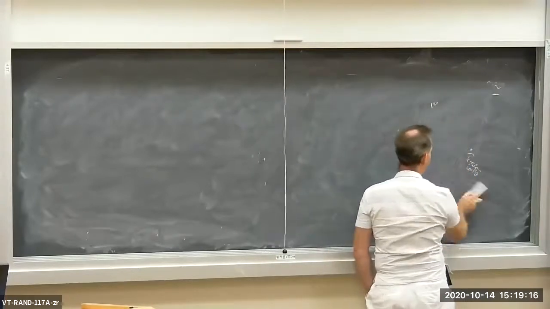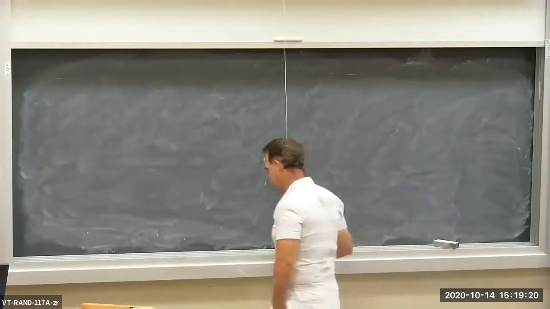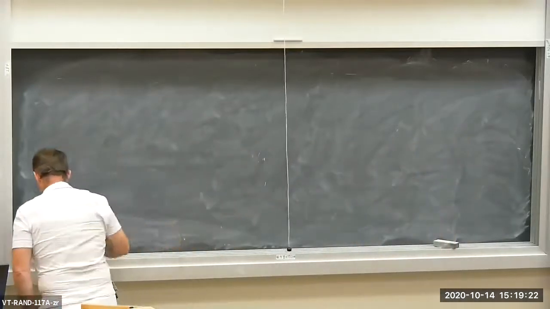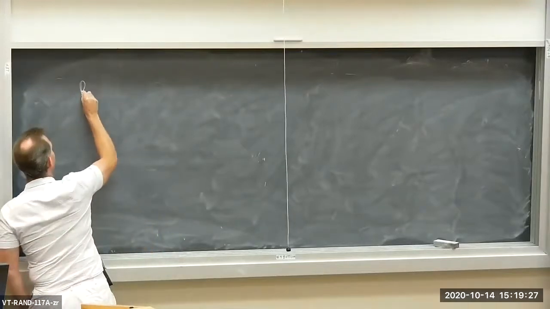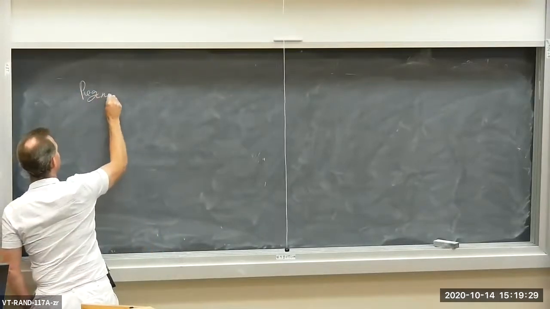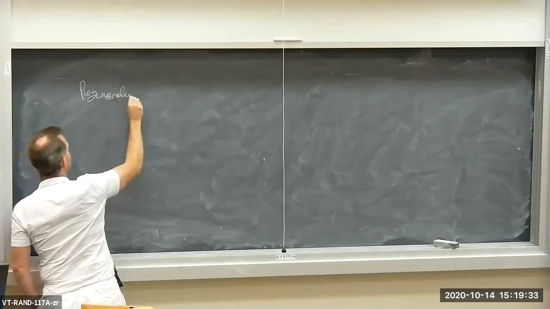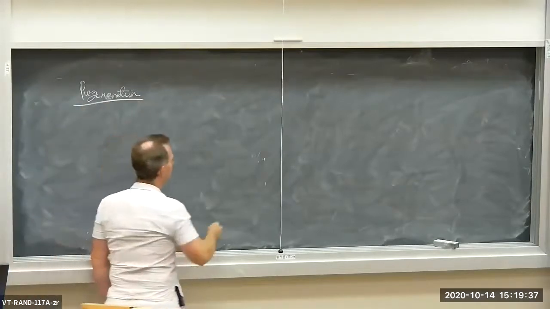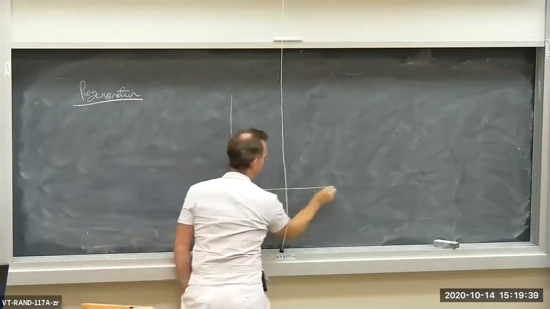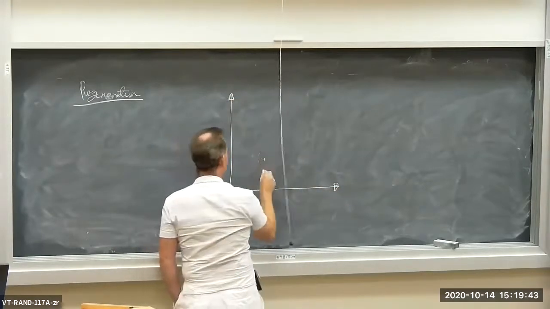Let's do it for an ideal Brayton cycle, just a plain old ideal Brayton cycle. We'll deal with the intercooling and regeneration with an example. So let's look at regeneration. So let's say we have a TS diagram here for our ideal Brayton cycle.